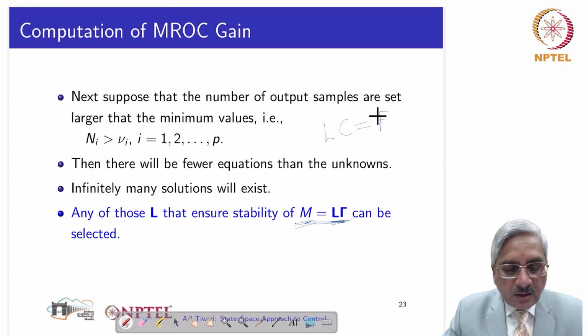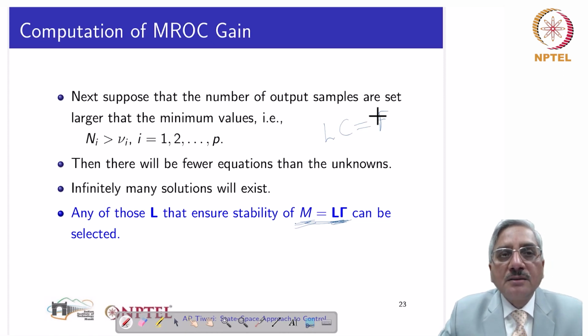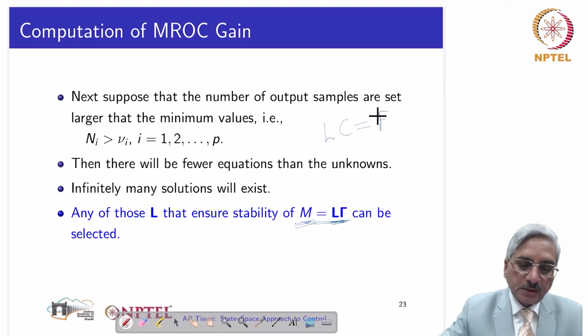So if the number of output samples is larger than the number required for ensuring N1 equal to nu1, N2 equal to nu2, etc., we have freedom for selection of some of the gains L, and so it is plausible that M may be obtained having stability. It's a better situation.